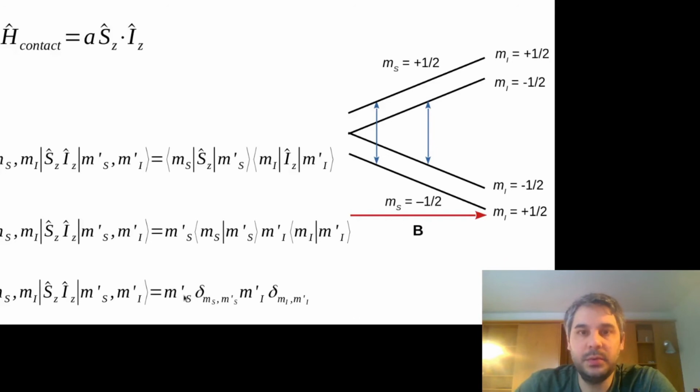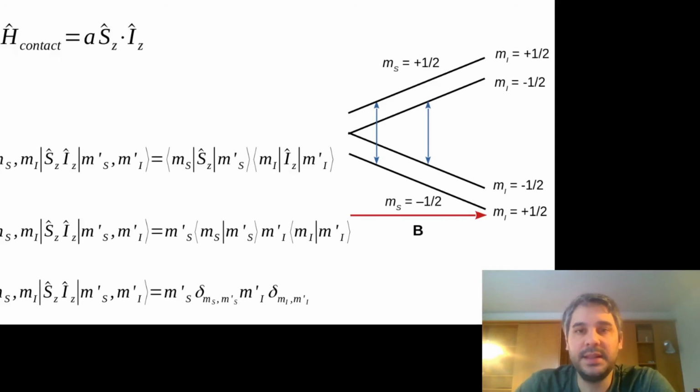The way to mathematically describe these conditions is through the Kronecker delta function, which says that if its arguments, in here ms and m prime s, are the same, the Kronecker delta function is 1, and if they are different, the Kronecker delta function is 0.